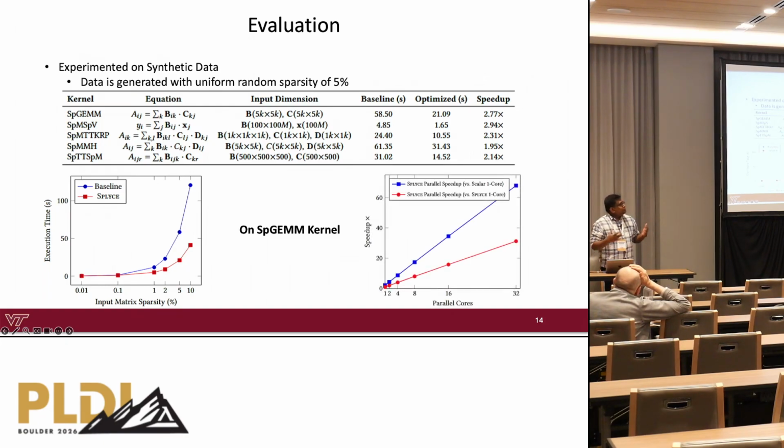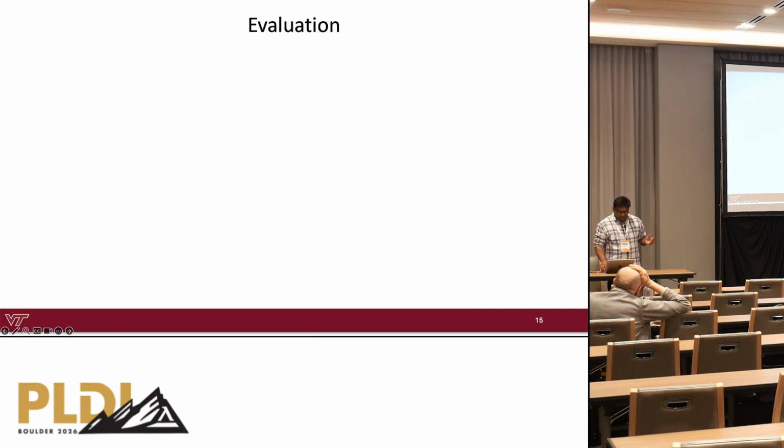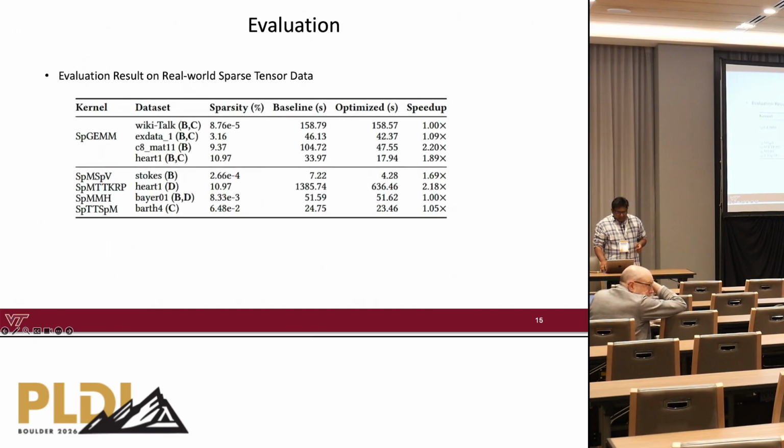In addition to that, you can exploit the outer loop parallelism as well. We have done some outer loop parallelism, and with different parallel elements, it is scaling well. Also, when we did this experiment with real world tensor data, it gives you moderate speed up, but we didn't see any regression.